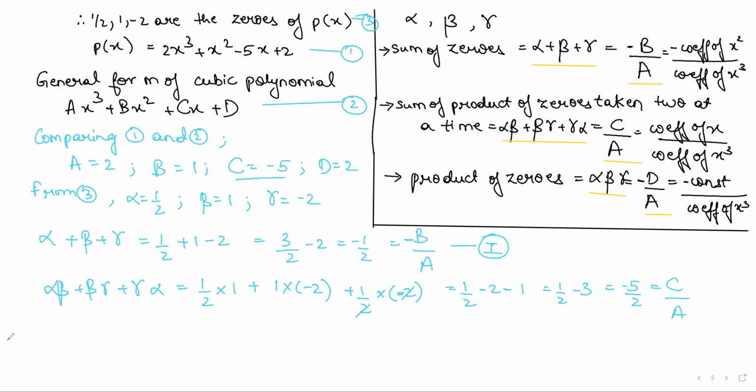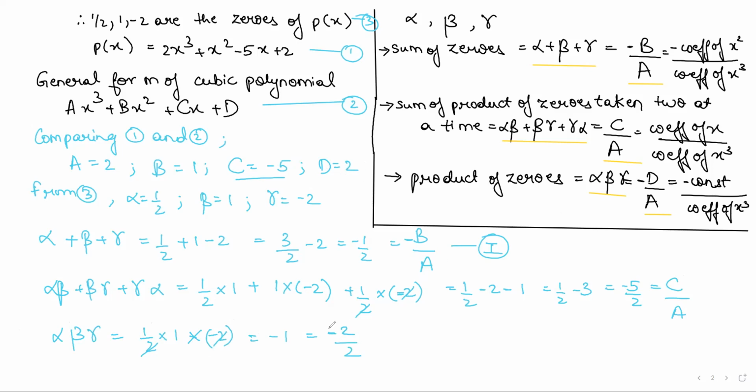Next, product of zeros. Alpha beta gamma is equal to 1 by 2 into 1 into minus 2. 2 gets cancelled with 2 and you're left with minus 1. Now, this minus 1 can be written as minus 2 upon 2. Why are we writing it this way? Because we want the answer to be D upon A, and D's value is 2.